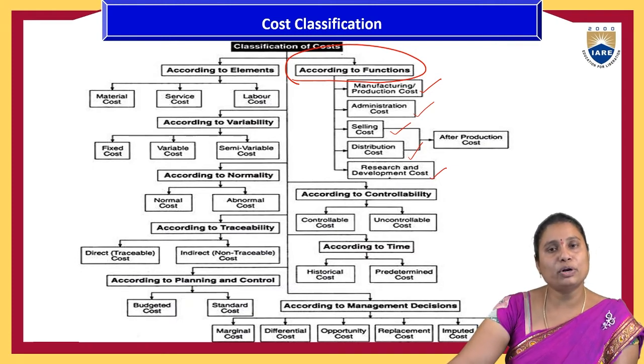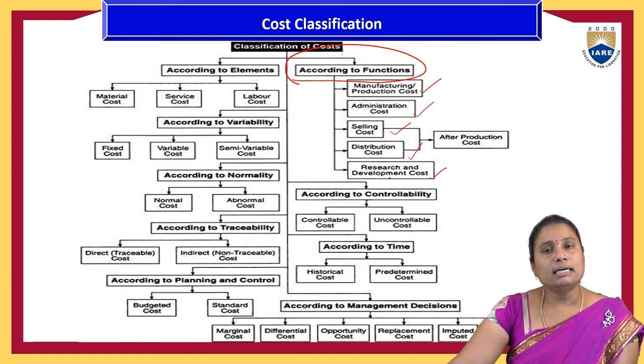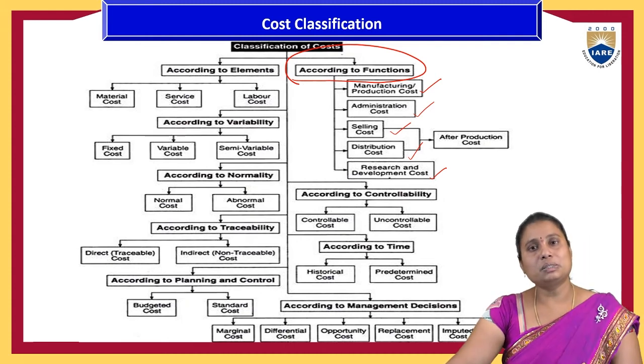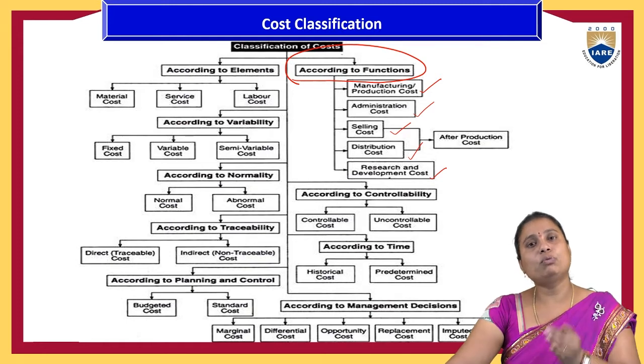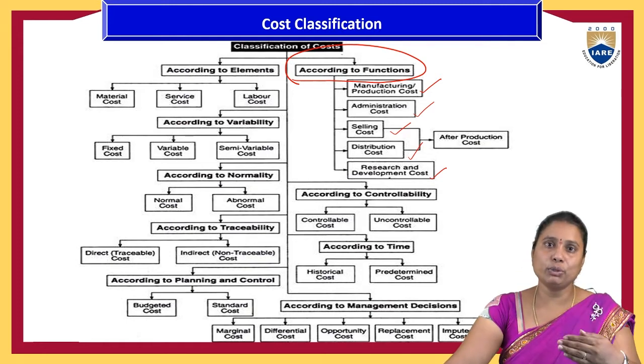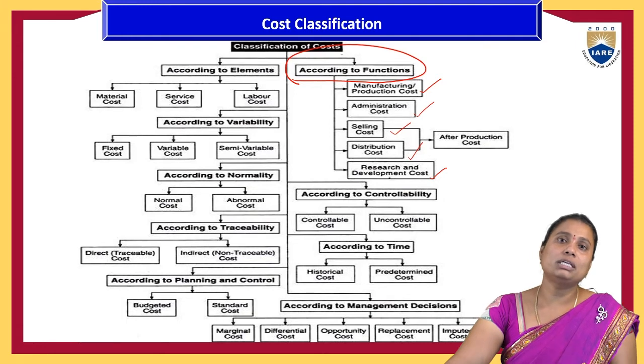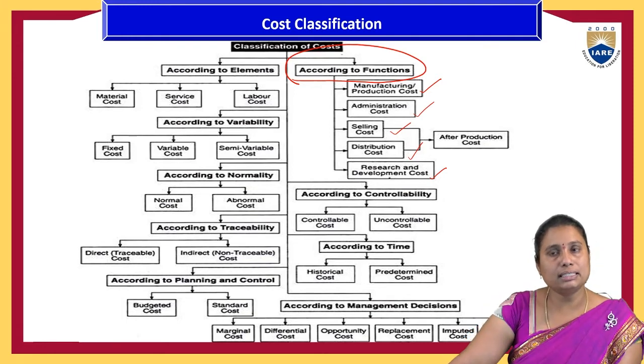That is after production, whatever they incur. And once they have made the sales, based on feedback, if they want to make modifications and innovations in the product, the amount spent is called research and development cost.